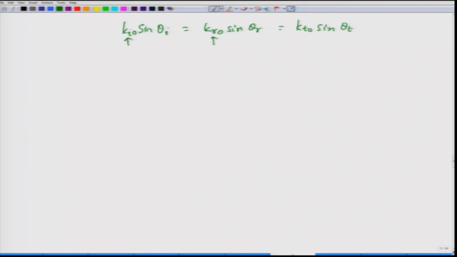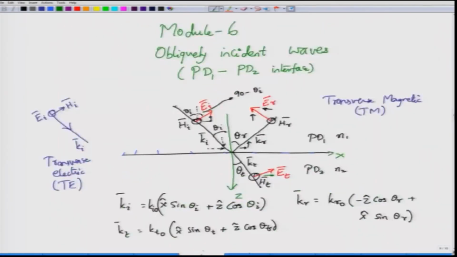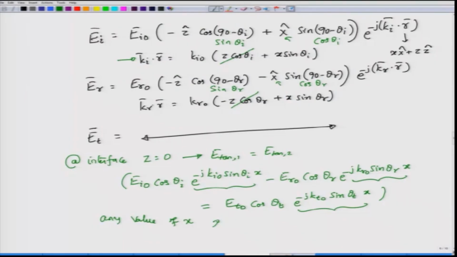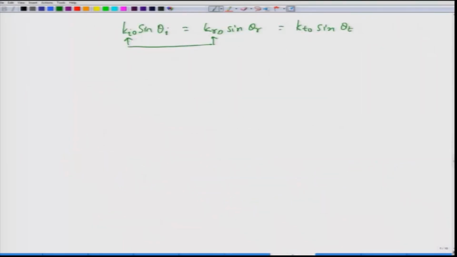Why? Refer to the previous module. If not, go back to this figure and realize that incident and reflected fields are in the same medium. Therefore, their k vectors will depend on the medium properties, which essentially means that their magnitudes are going to be equal. So, if these magnitudes are equal, then the condition here is that sin theta r equals sin theta I.